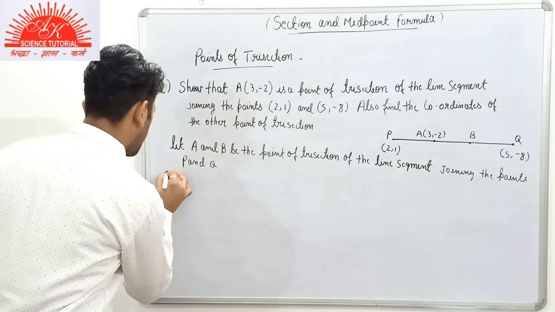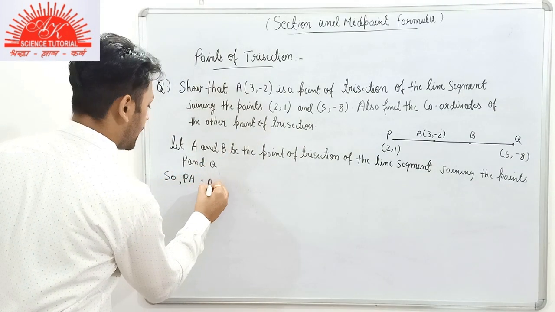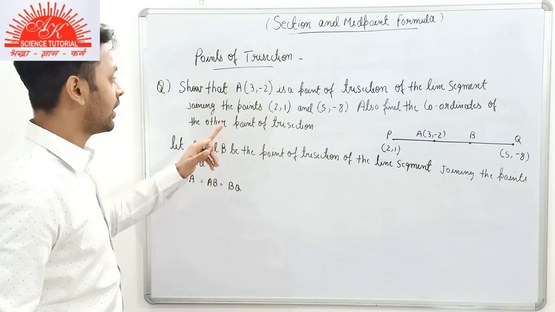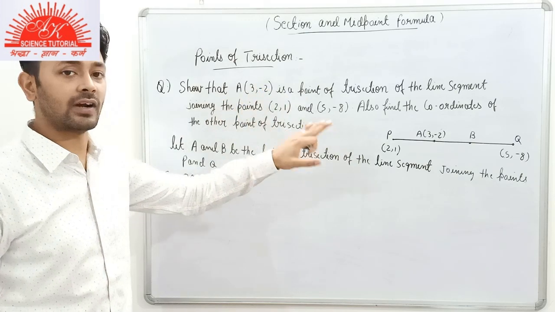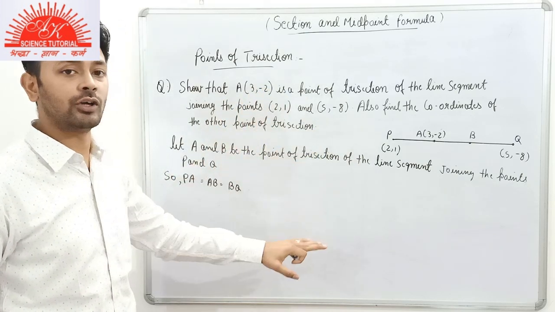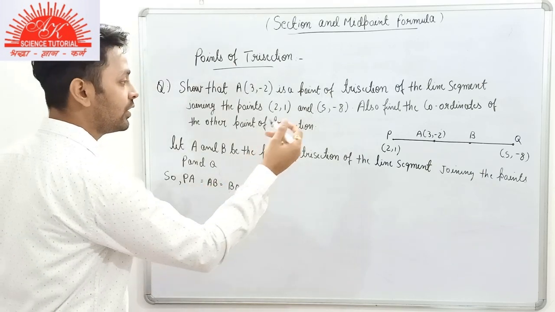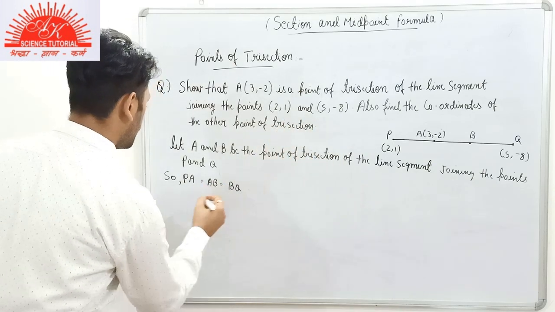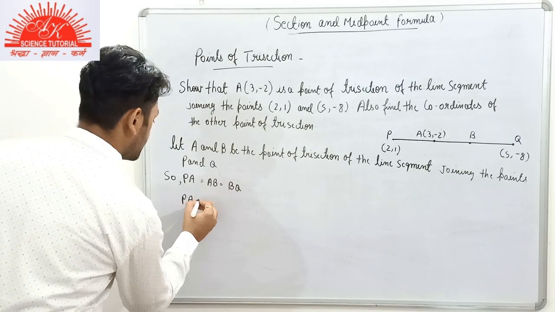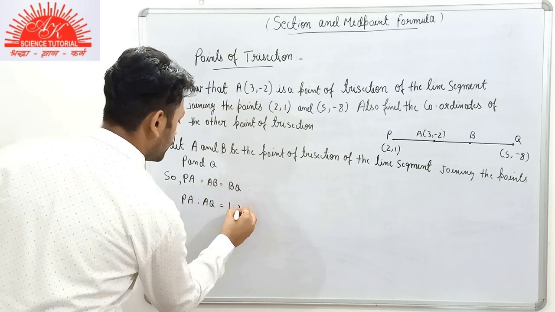So PA will be equal to AB will be equal to BQ. We have to show that A is a point of trisection, and we are assuming that A and B are the points of trisection here. So PA is to AQ will be equal to 1 is to 2.